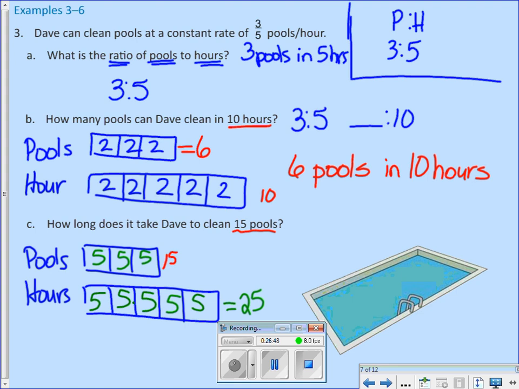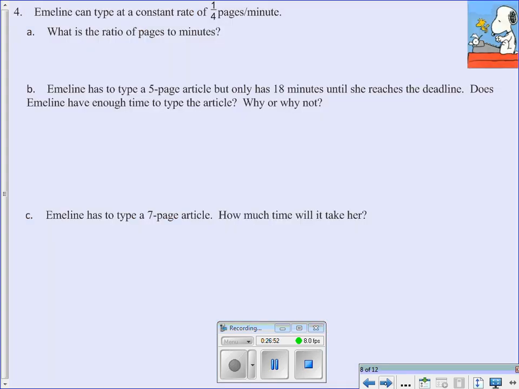I like going old school. I like the tape diagrams. Let's try something else. Emmeline can type at a constant rate of 1/4 pages per minute. What does that mean? 1/4 pages per minute. What does that mean?